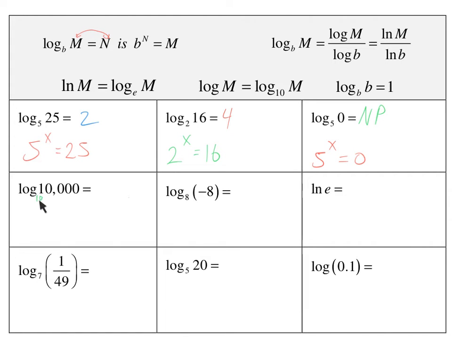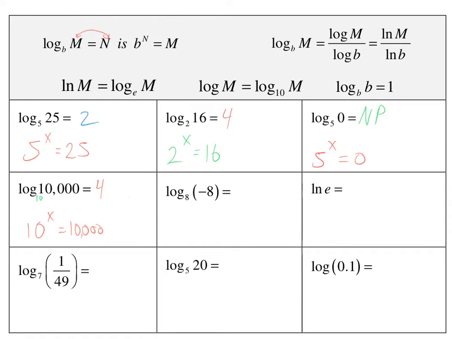So I could just put that there. So this is saying 10 to what power is 10,000? Well, 10 to the first is 10. 10 to the second is 100. There are 4 zeros here, so that is going to be a 4th power. So it's 4. Okay, let's keep going.